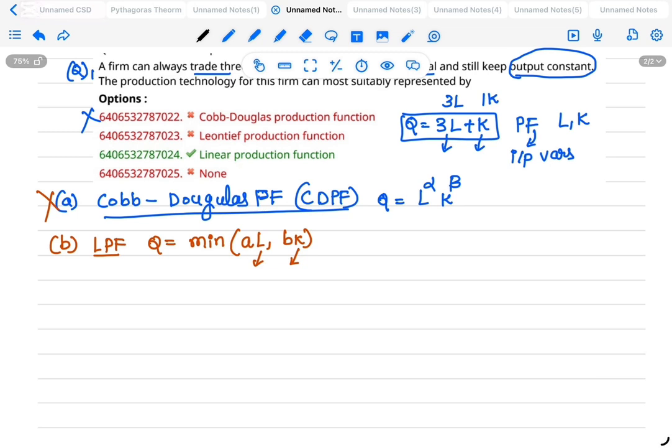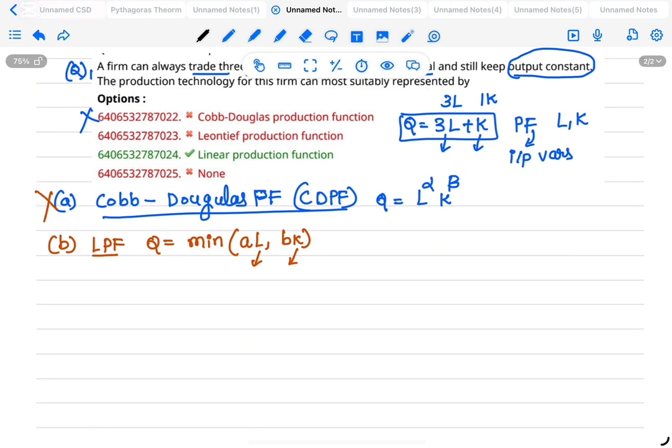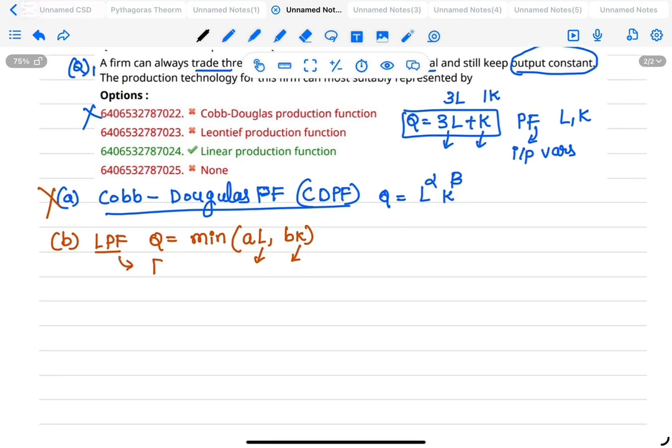The main difference between the linear production function and the Leontief production function is that here we use fixed ratios, that is, fixed proportions of L and K, labor and capital. So this option is also not correct, because the production function is the minimum of AL, BK.